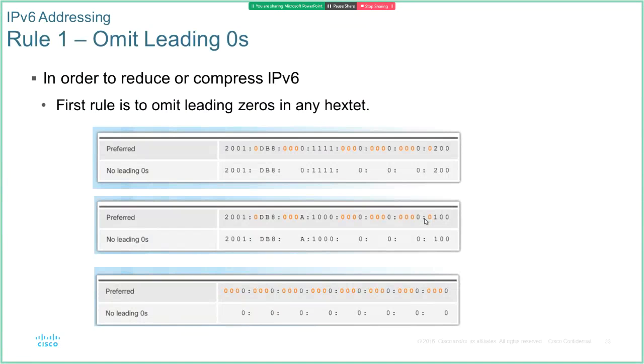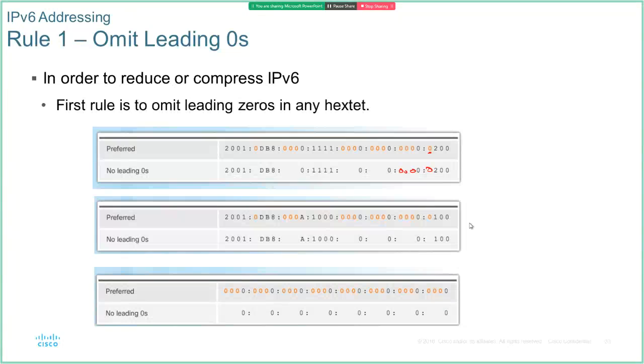A hextet is made up of 4 hexadecimal digits. Any leading 0 can be removed, and we can rebuild the full address from that, because we know there's a 0 to be added in there. There are 3 zeros missing because it must be 4 digits. And by removing them, it doesn't actually change the value.